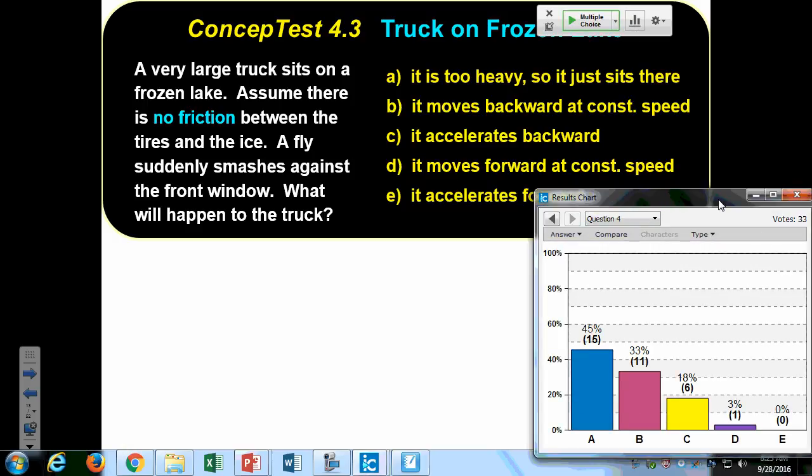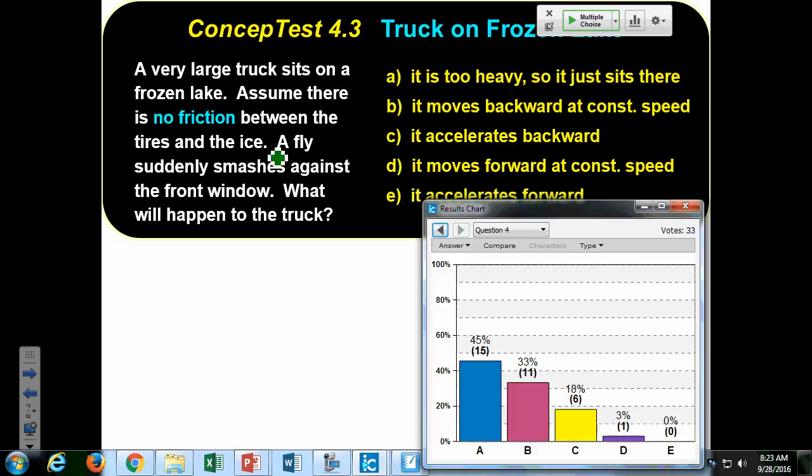Okay, we're assuming no friction between the tires and the ice. That's not really true, actually, there is some friction between the tires and the ice. But if we assume that is true, then C is the right answer. When the fly smashes into the front window, the truck will accelerate backwards. Now, I know what some of you are thinking, you put B, and that's not necessarily wrong.